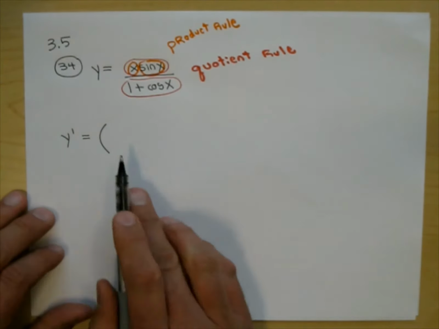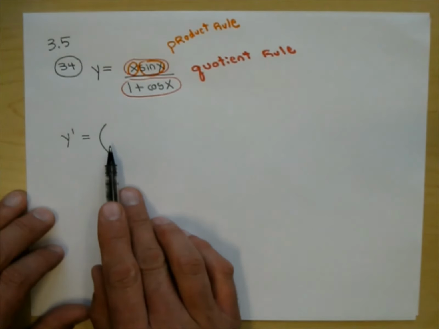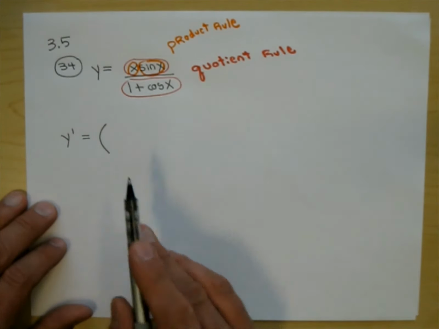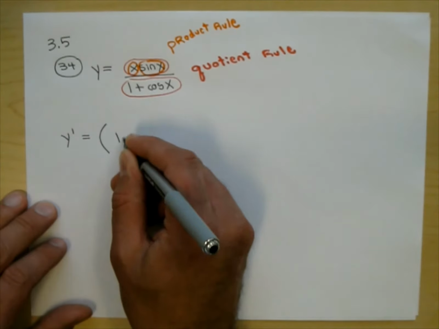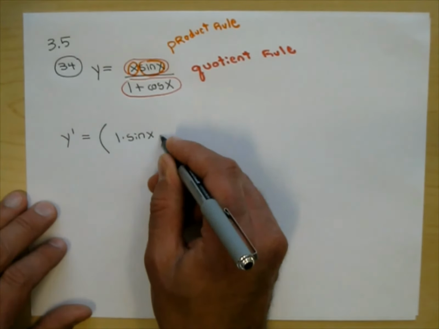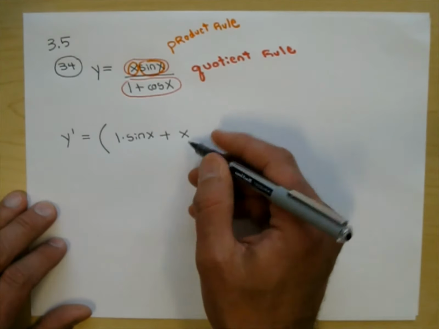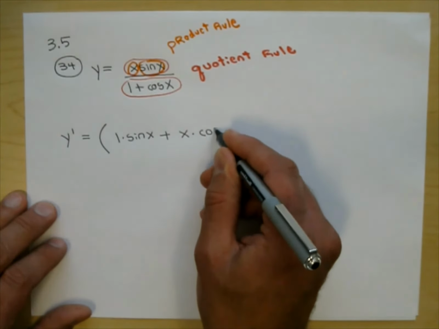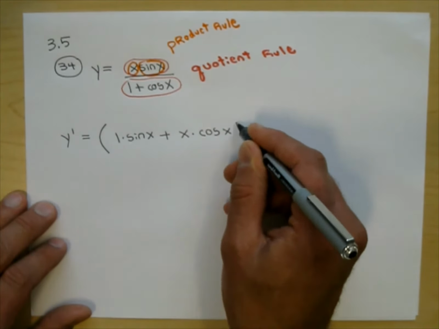Okay, so the product rule says the derivative of the first times the second plus the first times the derivative of the second. That's the product rule.